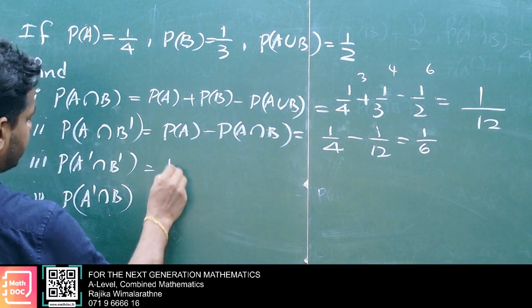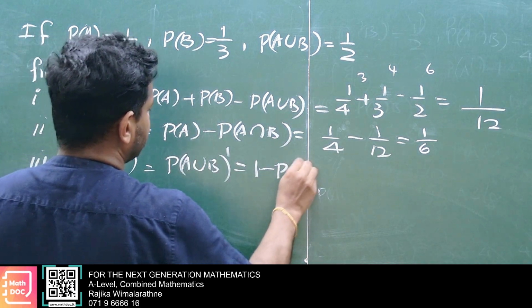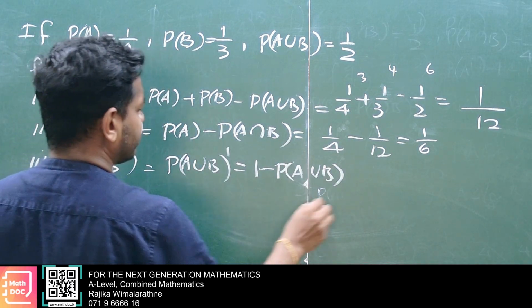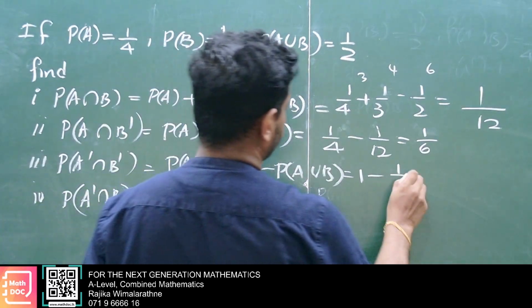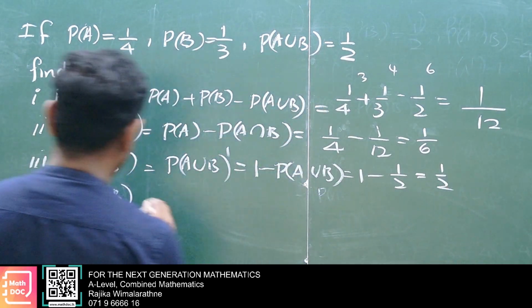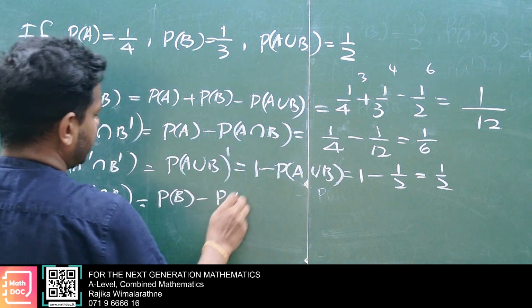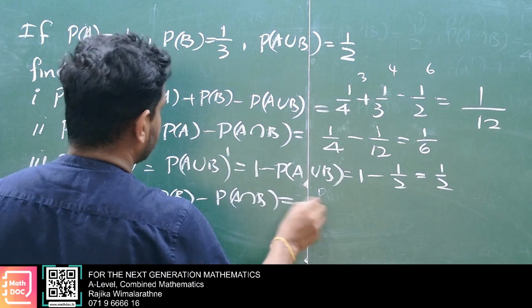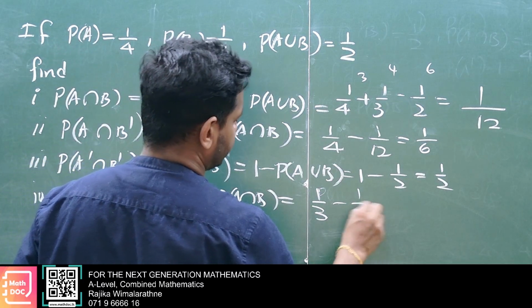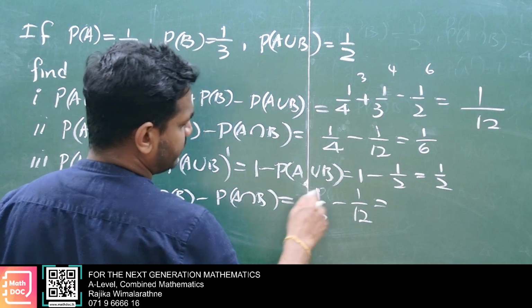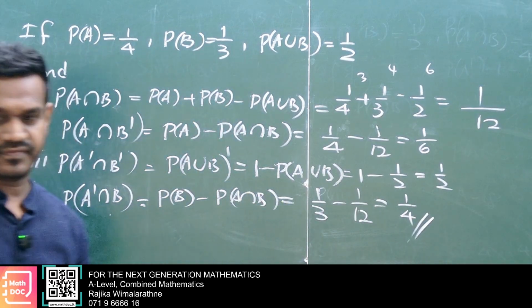Here De Morgan: 1 minus P(A union B), half. Here only B: P(B) minus P(A intersection B), 4 minus 1, 3 over 12, 1/4, no?